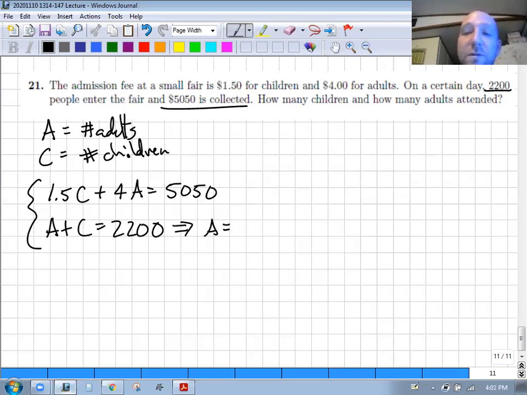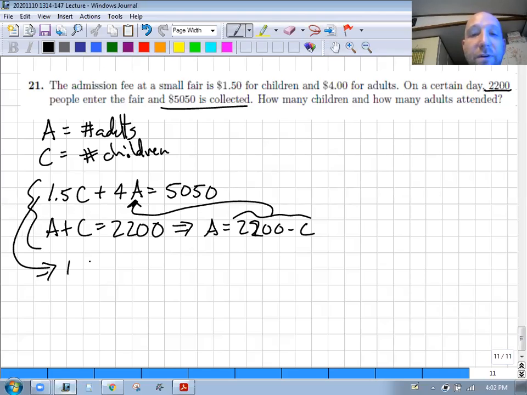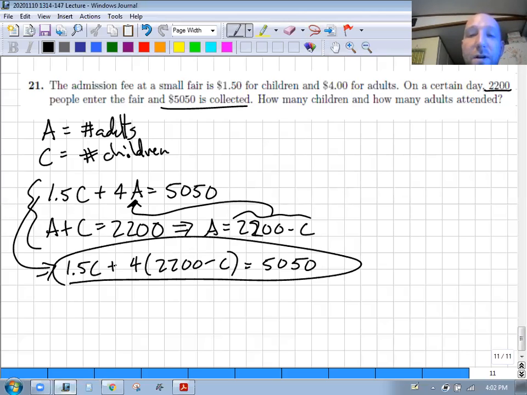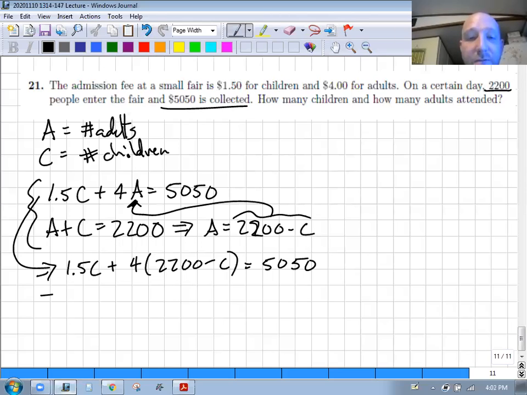Let's rewrite this one so that we could take A here and plug it in right there. And then we got 1.5C plus 4 times (2,200 minus C) equal to 5,050. Now we have one equation with one unknown, and we can solve. 4 times 2,200 is 8,800, and minus 4C.